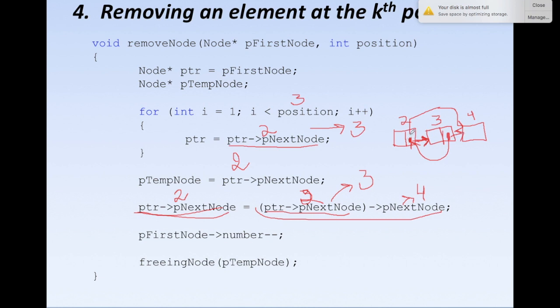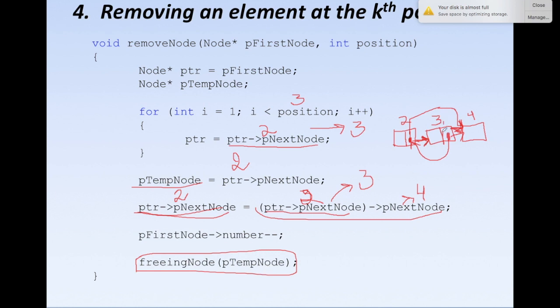So now node 2 is pointing to 4, and in this case we have skipped node 3, or we have removed node 3. The reason why I put it in temporary here is because I want to free it. We freed the temporary node which had the pointer to 3. If I didn't save it in a temporary node, it would have disappeared because I updated it to point to 4. So I saved it in a temporary node to be able to free it.